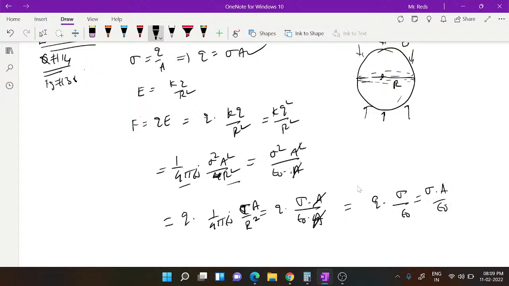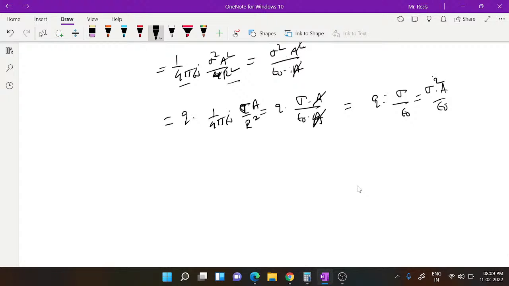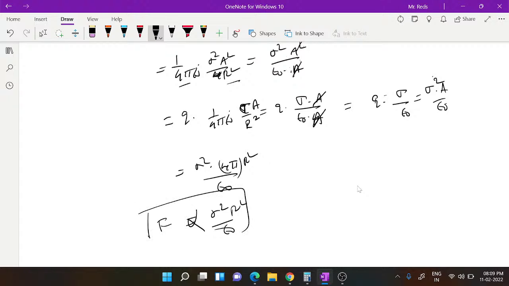But A is not there in the options. If you want to replace that, you have to write the area as 4 pi R square. So you can write it as sigma square into 4 pi R square by epsilon naught. 4 pi is a number, a constant, so the force is proportional to sigma square R square by epsilon naught. Yes, sir. Thank you, sir.